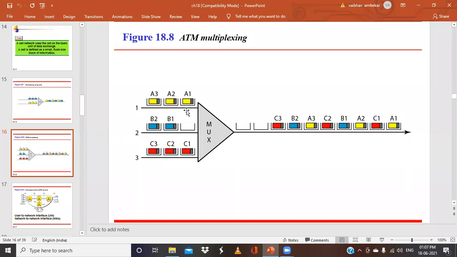There are different input lines, all will be combined and sent on one particular link, because we are doing the multiplexing. All these different cells will be combined into only one line, and through this line every cell gets an equal opportunity to transmit.